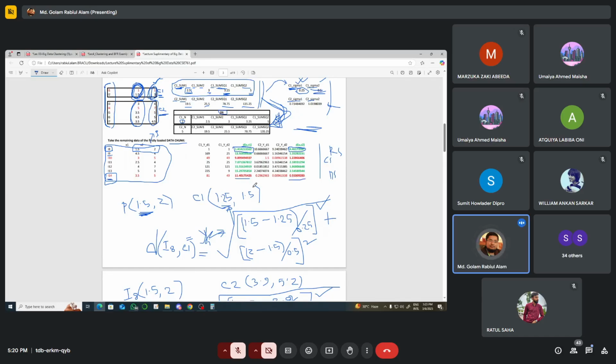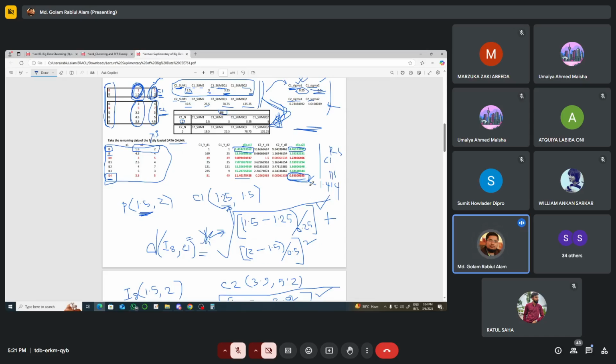So which one is minimum? This one is minimum. Then whether this minimum holds the condition of our Mahalanobis distance threshold or not. This one is actually less than our threshold, 1.414.